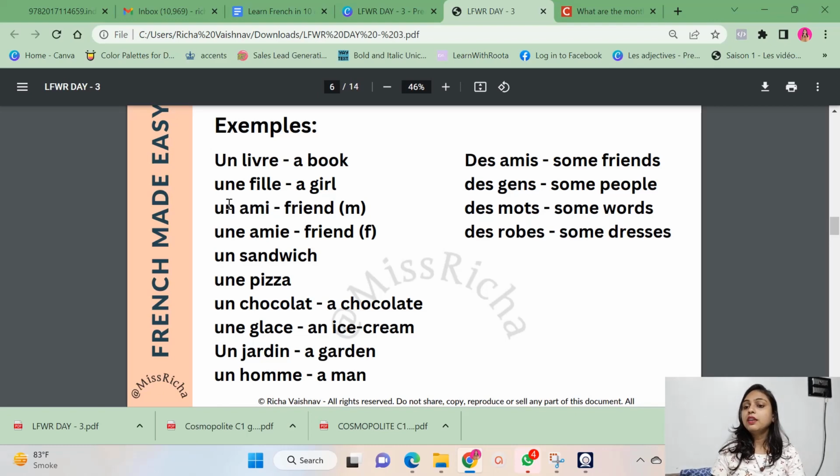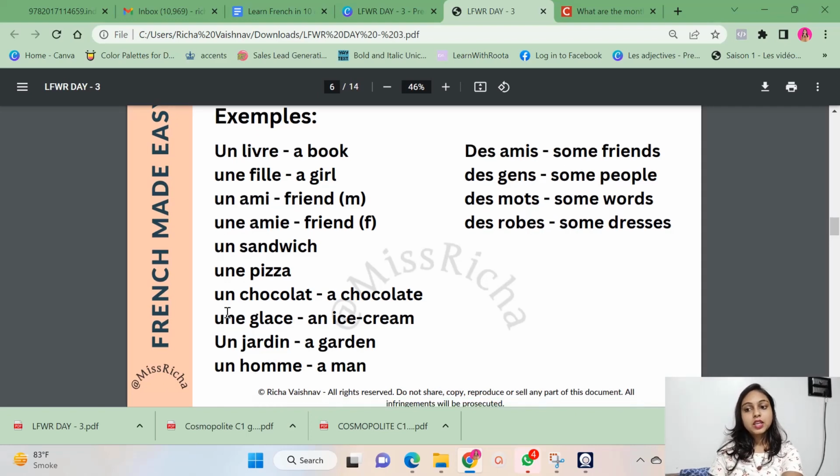So un ami, un sandwich, une pizza, un chocolat, une glace, un jardin, un homme, des amis, des gens, des mots, des robes. Now you will feel that the spellings are totally different and the pronunciations are different.